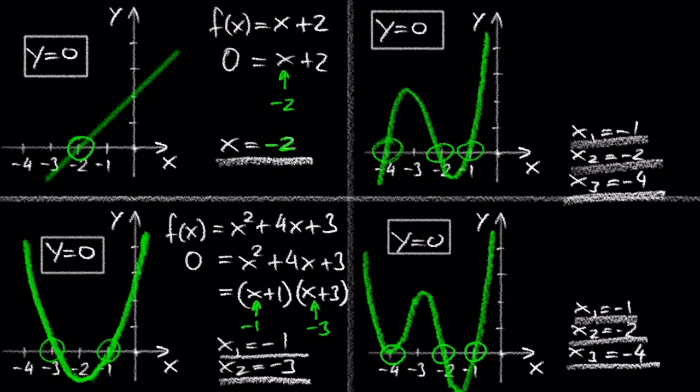In other words, when x equals -1 or when x equals -3, y equals 0. So the zeros of this quadratic function are -1 and -3. In this example, we saw that we can immediately identify the roots when we have the factored form of a function.